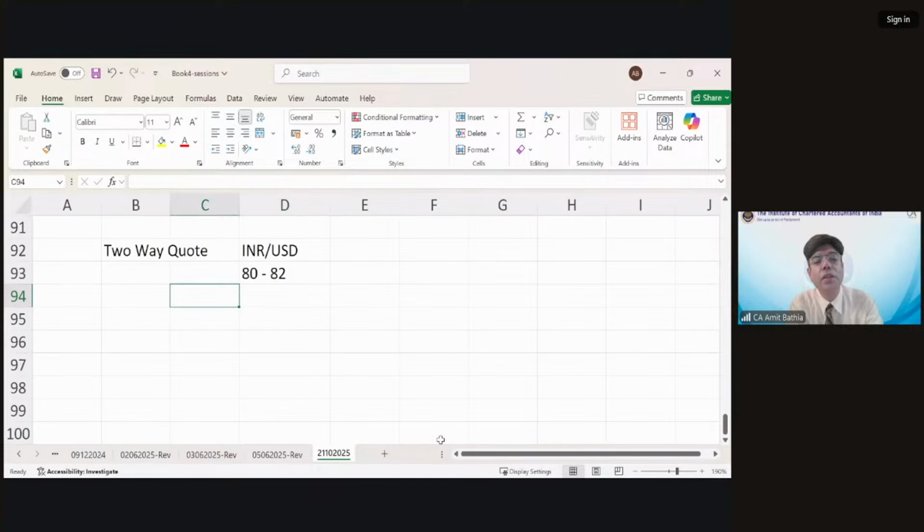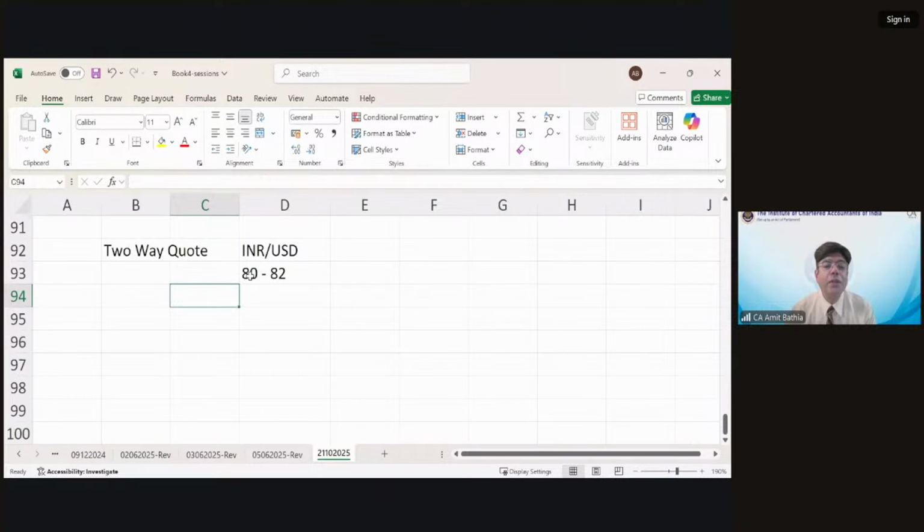So what is the meaning of this? What is 80 and what is 82? These are considered as two-way quotes, often referred to as bid and ask price. What do you mean by bid?